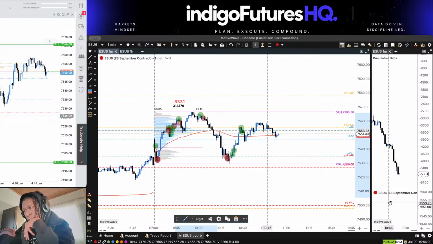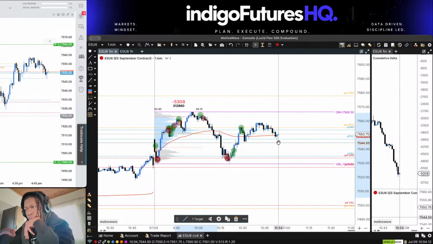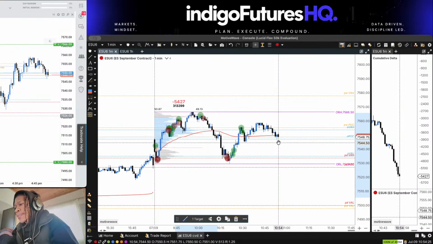I would like to see a little more of that. I didn't even break this low, you know. Need to break this 544. These dances around VWAP are not really my fave, are they?